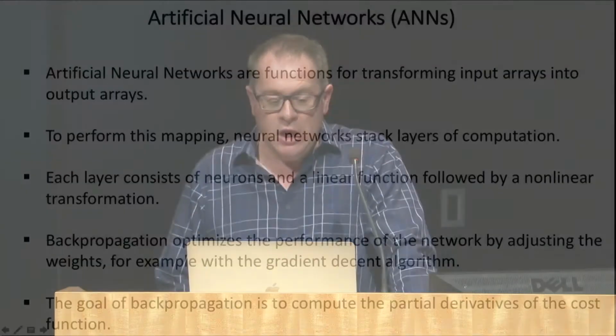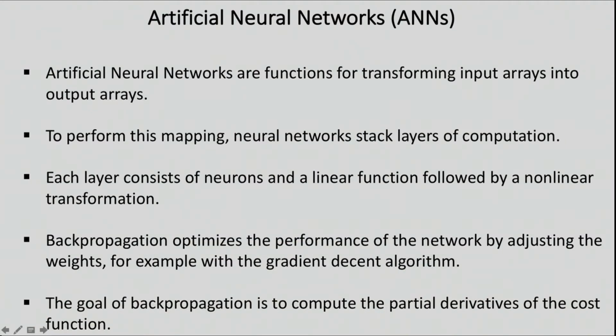So I'm going to start at a very, very high level now and talk about the general attributes of artificial neural networks. So very simply, artificial neural networks are functions for transforming input arrays into output arrays. And to perform this mapping, neural networks stack layers of computation.